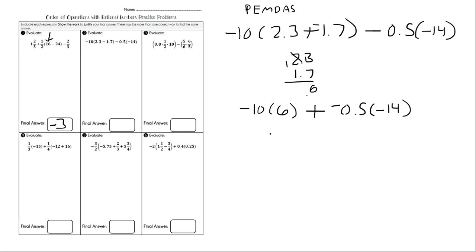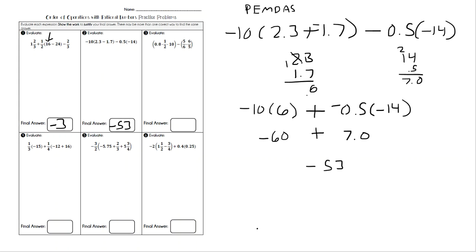So, negative 10 times 0.6 is negative 6, plus negative 0.5 times negative 14 would be 7.0 positive. Now we can just add. A negative 6 plus 7 would be 1. Final answer.